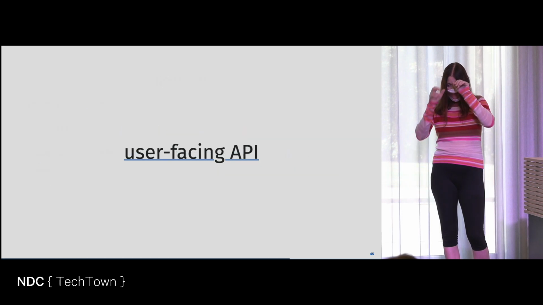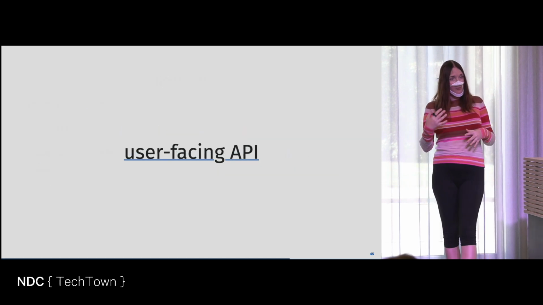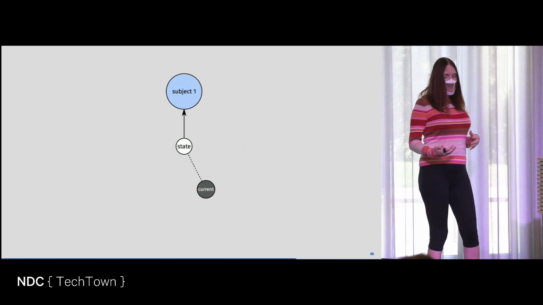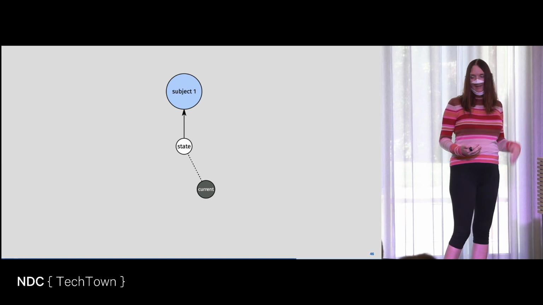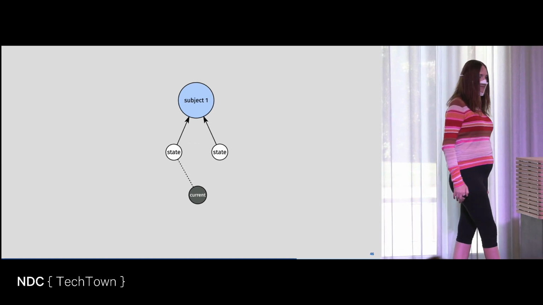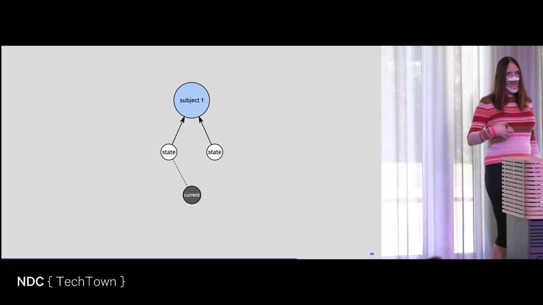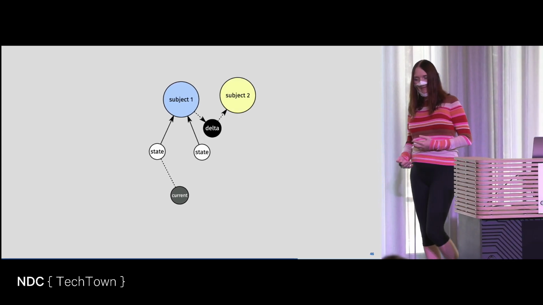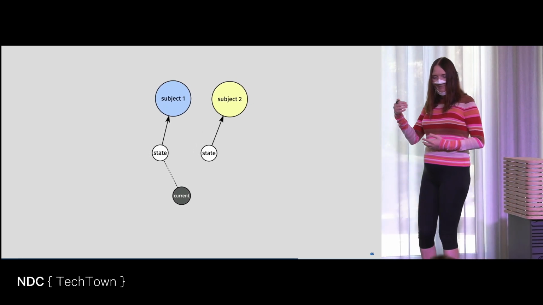Okay. And the user-facing API, how do you use it? Again, we have an application which is in some state and owns some subject. I start updating asynchronously, maybe in a different thread, and it starts updating. Meanwhile, I will get the subject too.